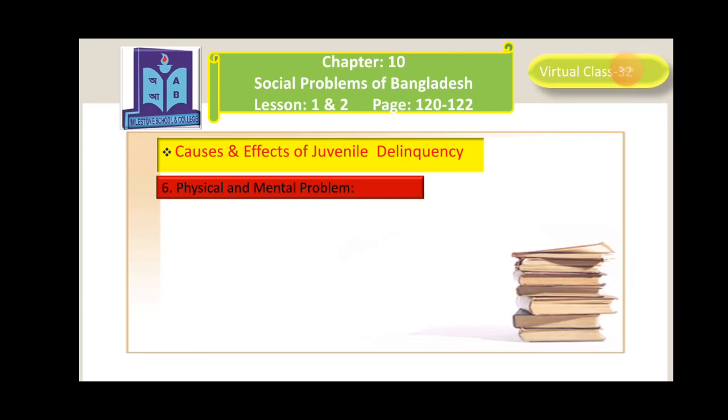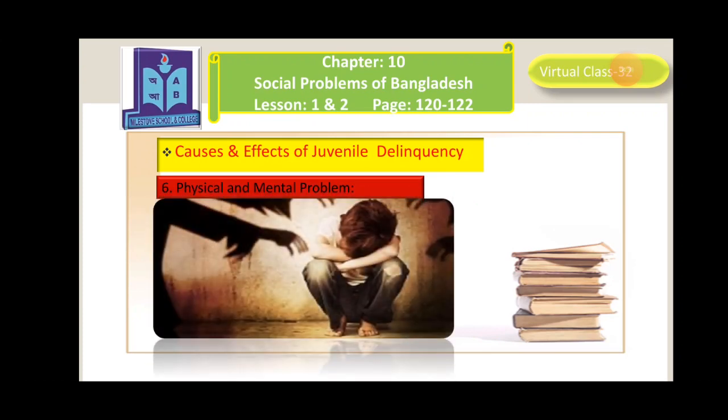So, physical and mental problems. If any child or juvenile has a physical or mental problem, then they face different complexities in their mind, so many may become criminals or offenders due to this.